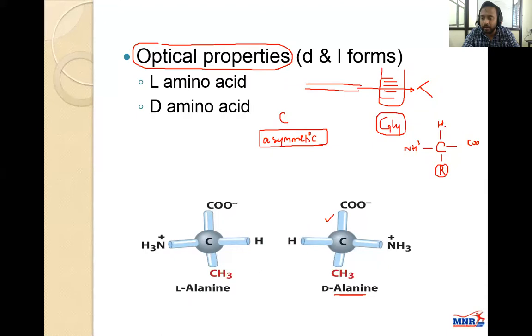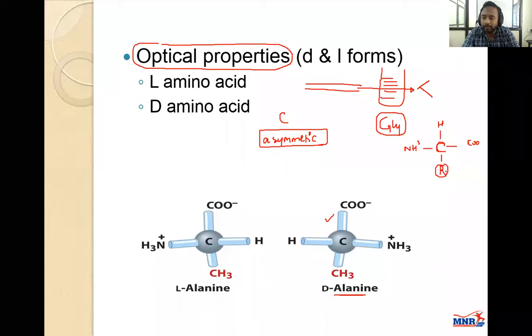Okay, other than the hydrogen, then it is understood that this carbon atom is asymmetric. Means there is no symmetry. All the 4 positions on the carbon are occupied by 4 different molecules.